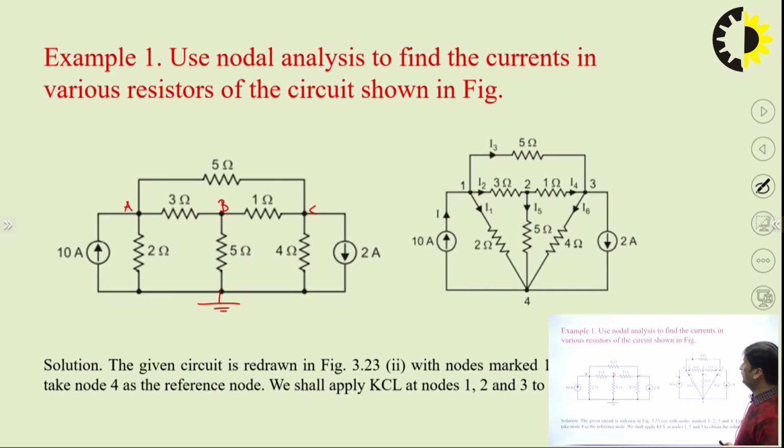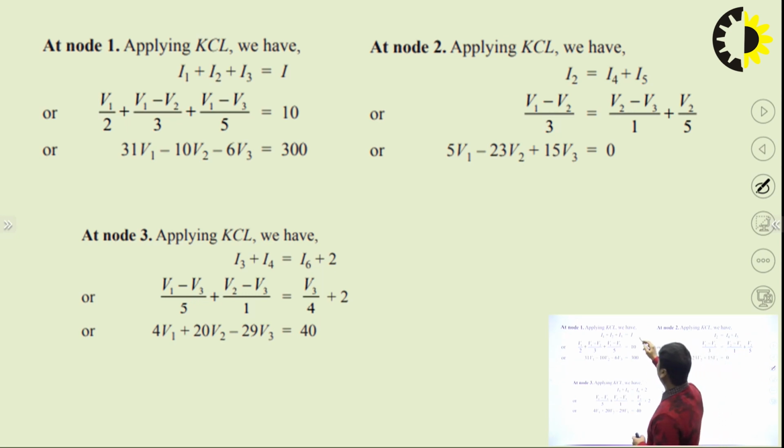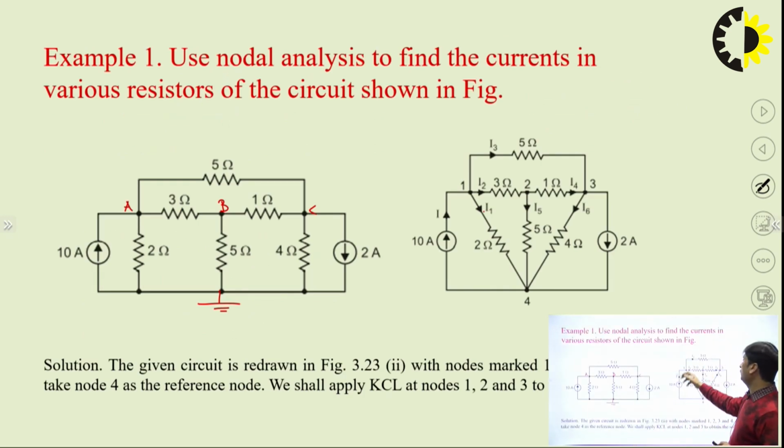First of all, we apply the KCL at node number 1. At node number 1, I is equal to I1 plus I2 plus I3. Then we convert it into voltages, meaning the voltages at 1, 2, and 3. Suppose we have assumed V1, V2, and V3.